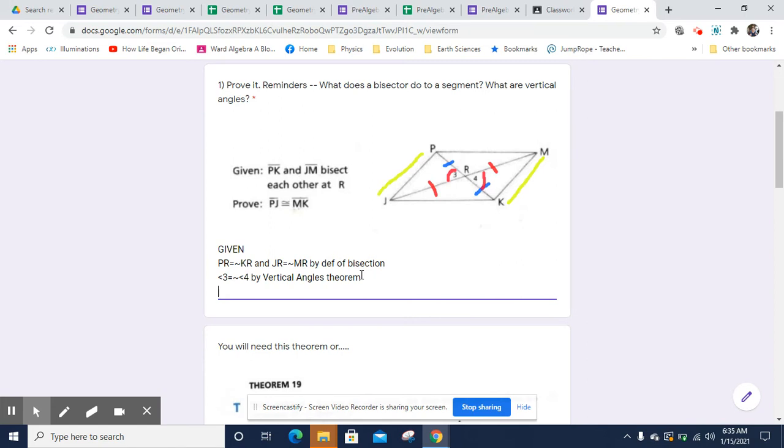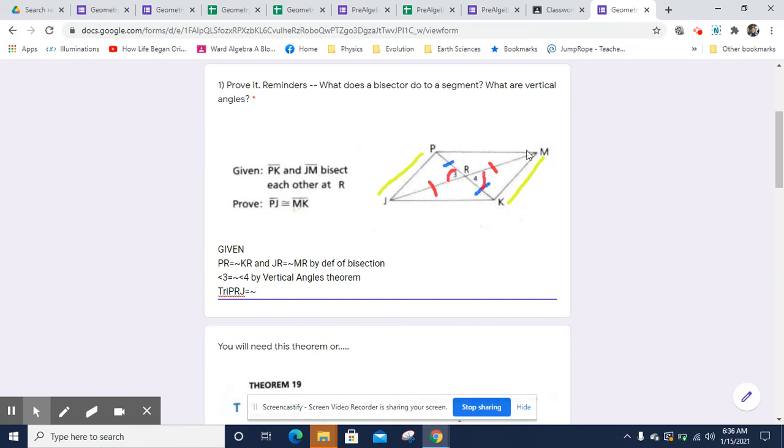Now that we have that information, we can declare these two triangles congruent. So we can say triangle PRJ, that's this one, is congruent to triangle KRM. We have to name it in the right way, because K corresponds to P as we head along the congruent side.